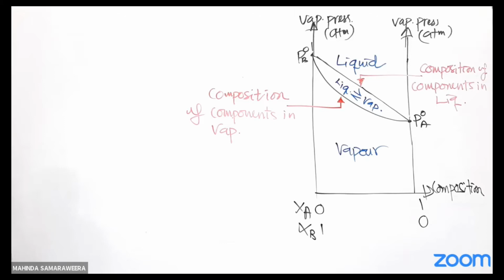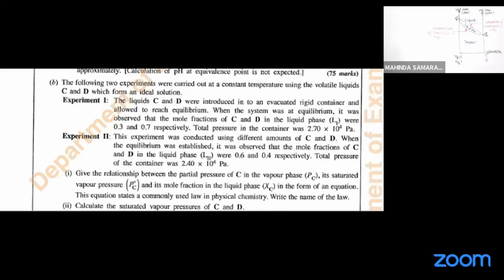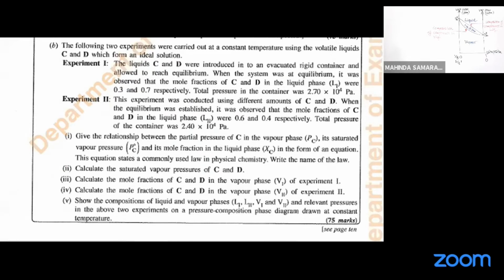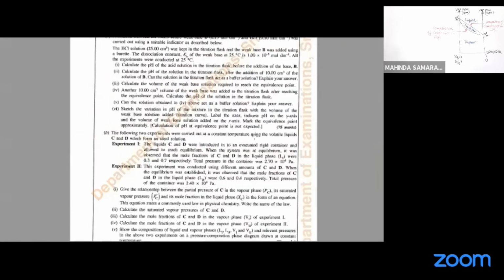Okay, let's try this. This is the A-level 2019 paper. This is the part given from heterogeneous phase equilibrium. This is half of the complete essay. I can show you the complete essay.